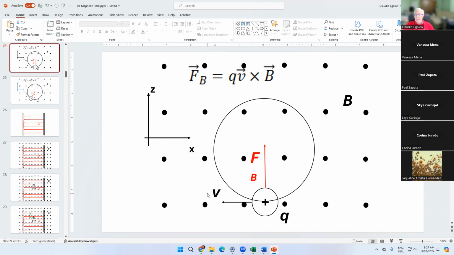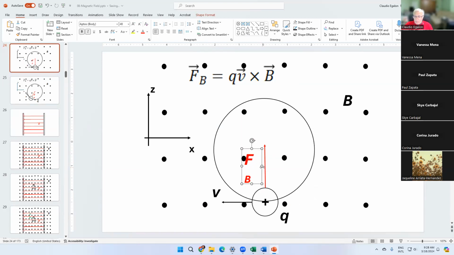Okay. And now we just change the angle of view of the previous drawing. And what we end up getting, here you go. B is pointing towards you, right? Velocity vector V cross B, the force is in this direction, the Z direction.